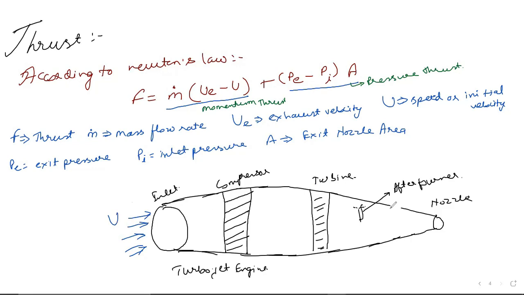What will happen is that air will come in at speed u, and it will go out at speed ue. So the velocity is going from u to ue. m into dv by dt is basically force. First we see momentum thrust.